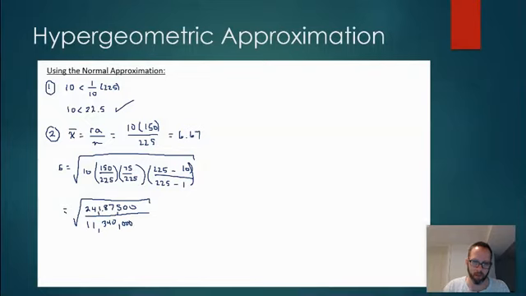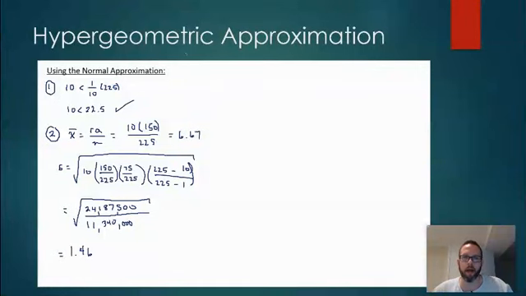All right, and I'll divide those two: 24,187,500 divided by 11,340,000, and square root the result. I get a standard deviation of about 1.46.